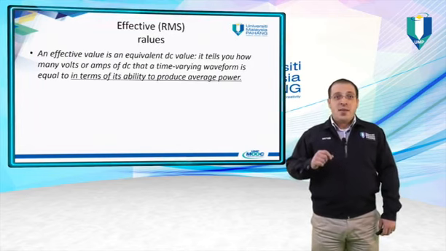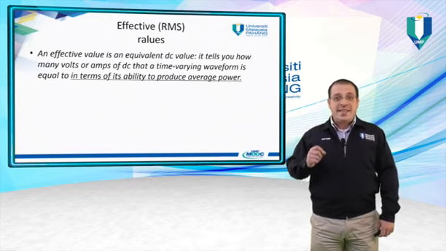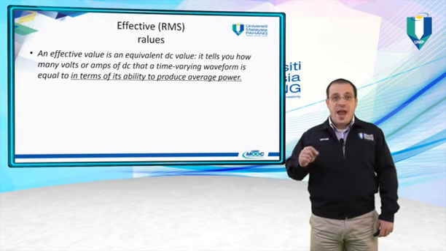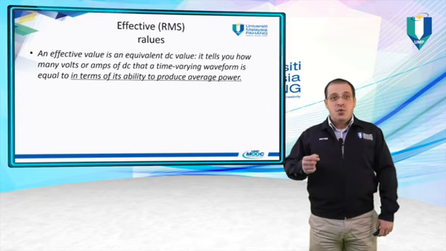So what are effective values? We define an effective value as an equivalent DC value. It tells you how many volts or amperes of DC a time-varying waveform is equal to in terms of its ability to produce average power.